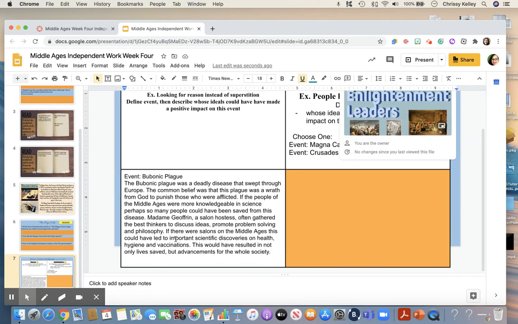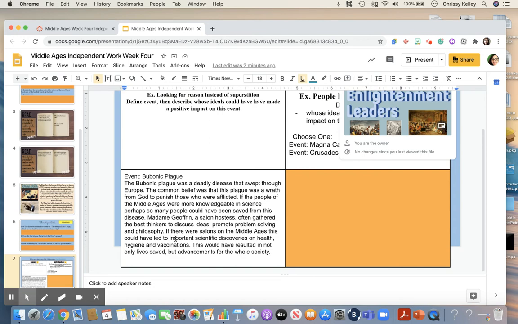So here's my example. The bubonic plague was a deadly disease that swept through Europe. The common belief was that this plague was a wrath from God to punish those who were afflicted. So I've described this event. Now I'm going to describe who could have made a positive impact on this event. If the people of the Middle Ages were more knowledgeable in science, perhaps so many people could have been saved from this disease.